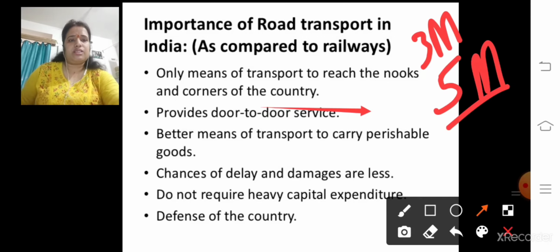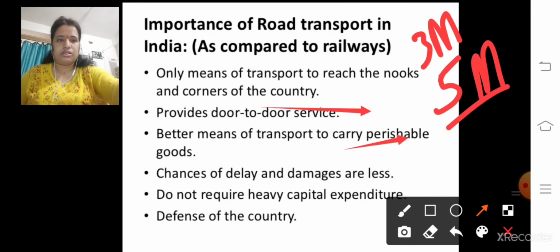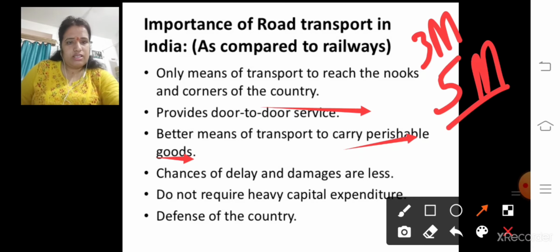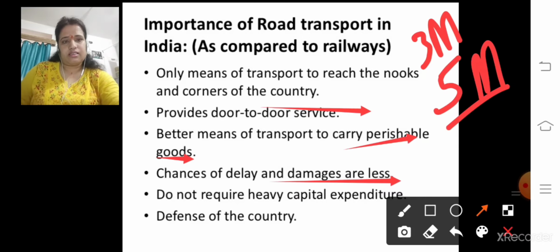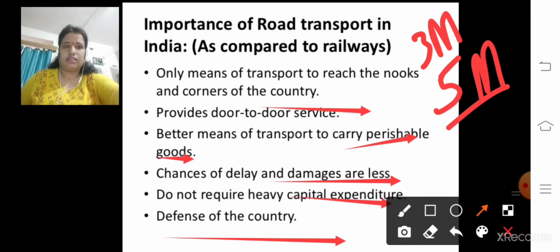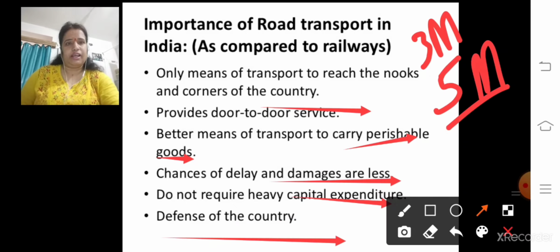Better means of transport to carry perishable goods, meaning valuable goods. Chances of delay and damage are less. Does not require heavy capital expenditure. Defense of the country. These are the importance of road transport in India as compared to railway. Fine class.